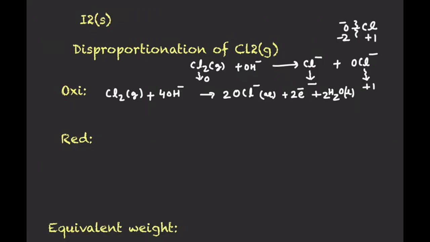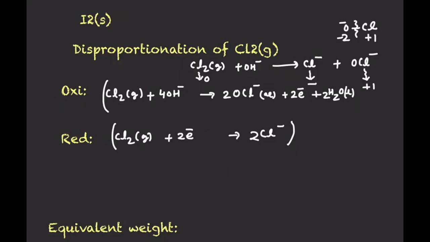For the reduction reaction, chlorine in gaseous state will accept electrons to convert into chloride ion. First we balance the chlorine atom whose oxidation number is changing, then they are accepting 2 electrons. Charge is balanced, there is no need to add OH minus because on the right hand side 2 negative, on the left hand side 2 negative, and no other atom is involved, so the reduction reaction is balanced.